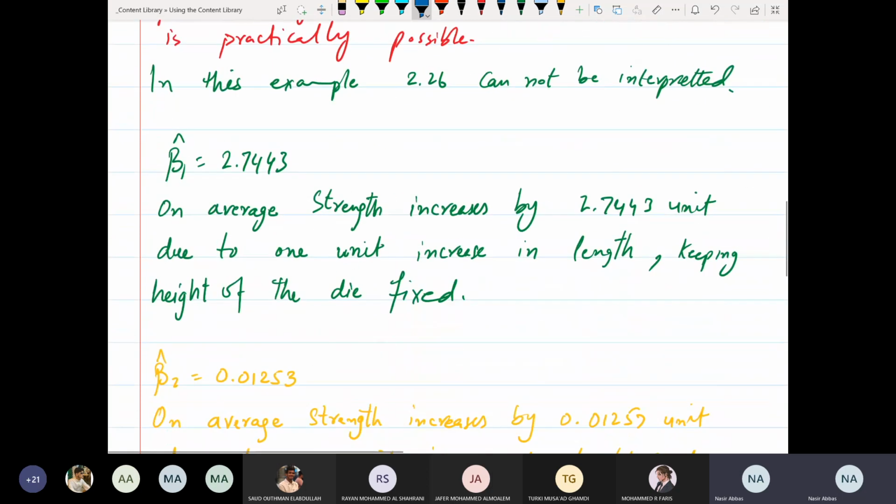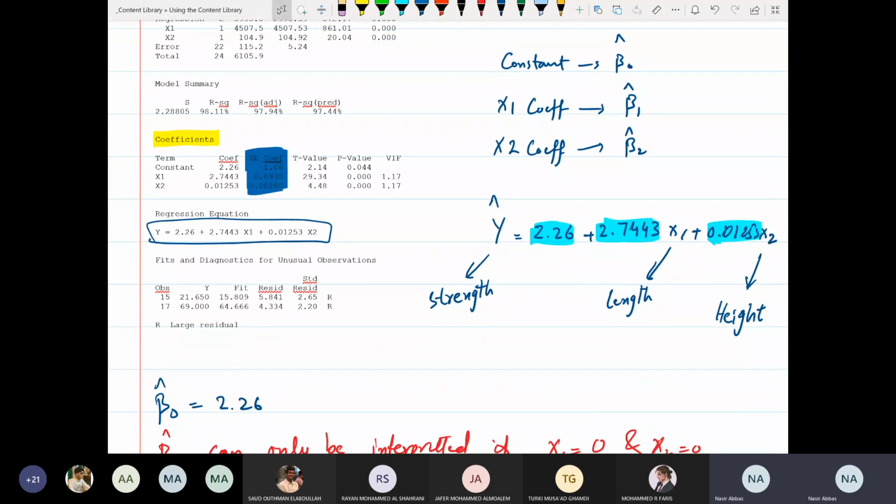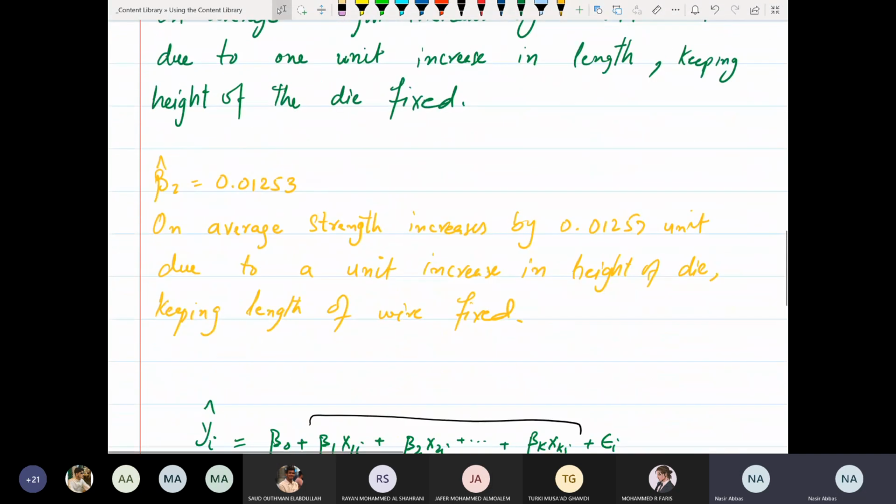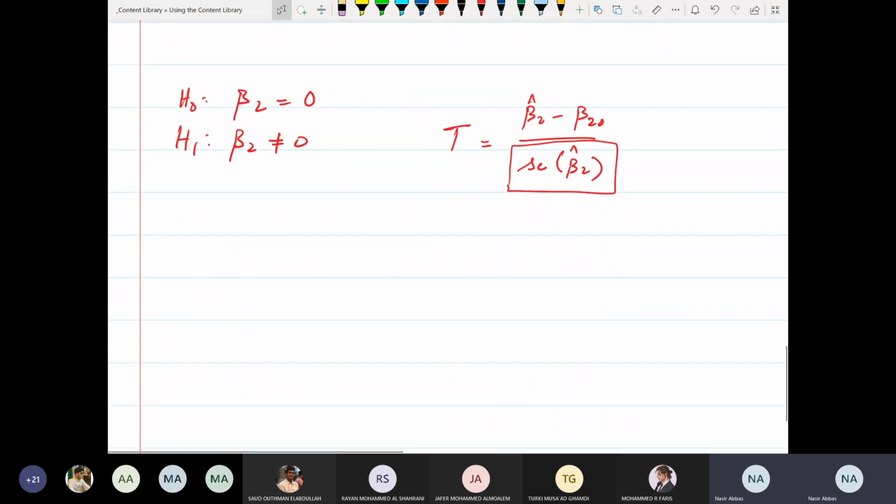So we will plug everything in. 0.01253 is beta 2 hat, so this will be 0.01253 minus what is the value of beta 2 I'm testing in H0? Who can tell me? 0.